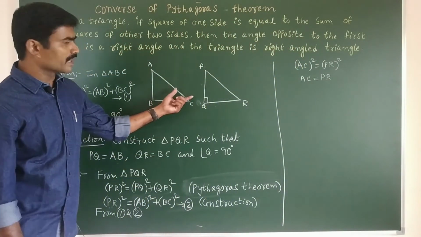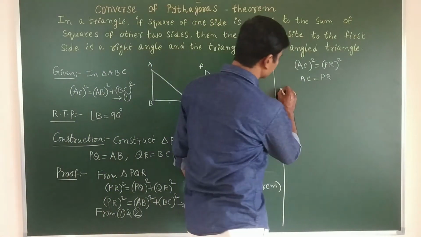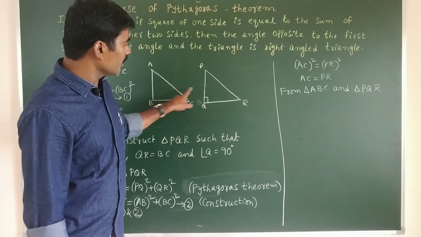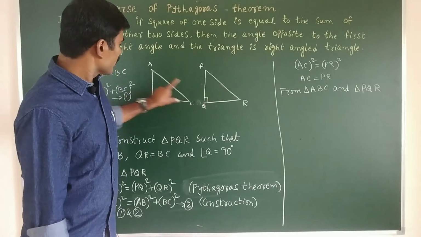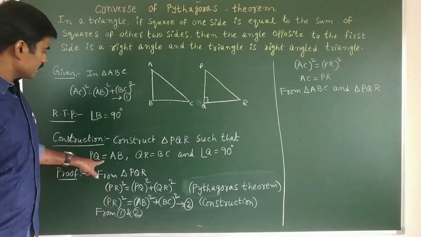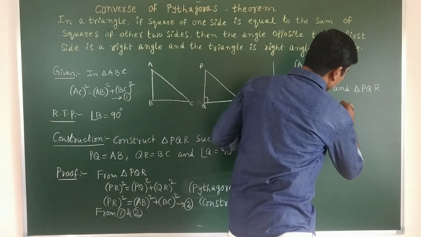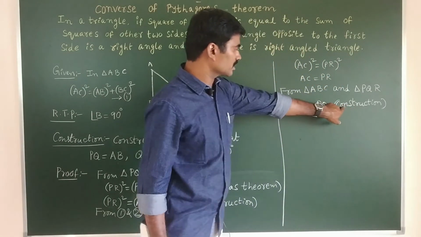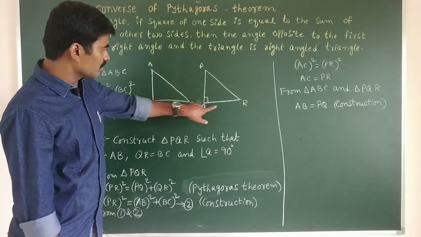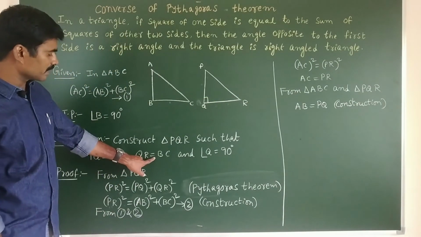Now compare these two triangles, triangle ABC and triangle PQR. AB is equal to PQ, by the construction. BC is equal to QR, also from the construction.